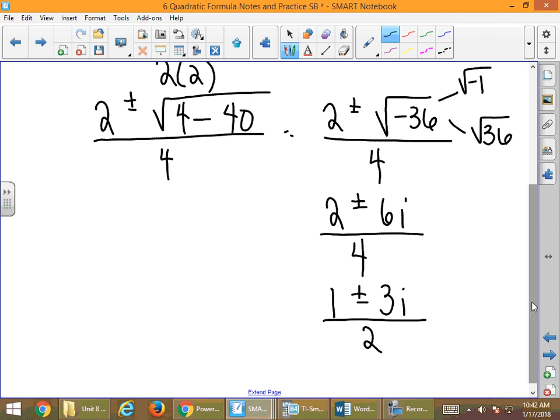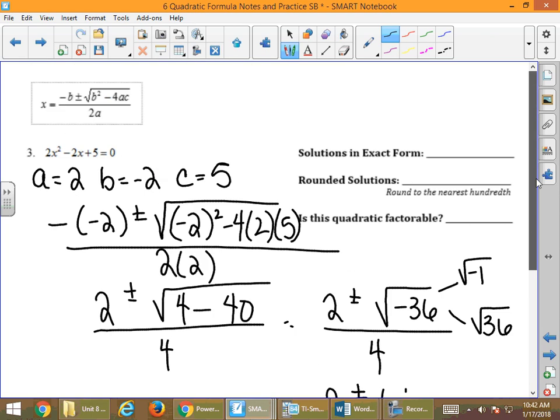And now we've simplified this problem so that we have 1 plus or minus 3i divided by 2. We can't do anything to round. And because the answer has an i in it, we cannot factor either.